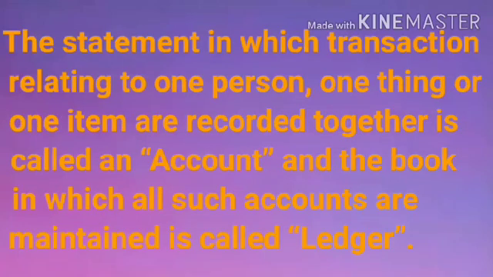The statement in which transactions relating to one person, one thing or one item are recorded together is called an account, and the book in which all the accounts are maintained is called ledger. A ledger account may be defined as a summary of all transactions relating to a particular head at one place.